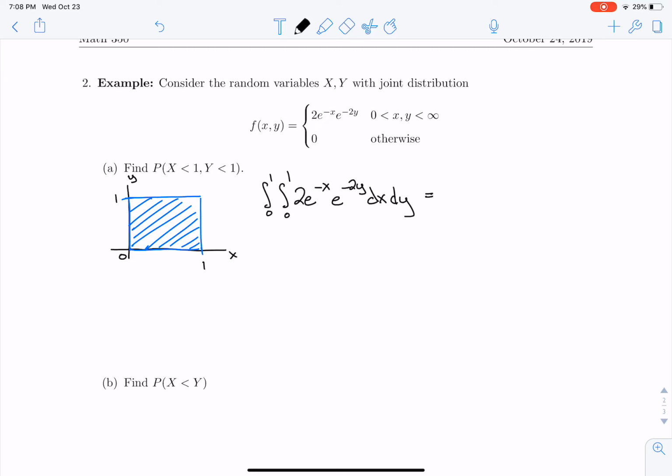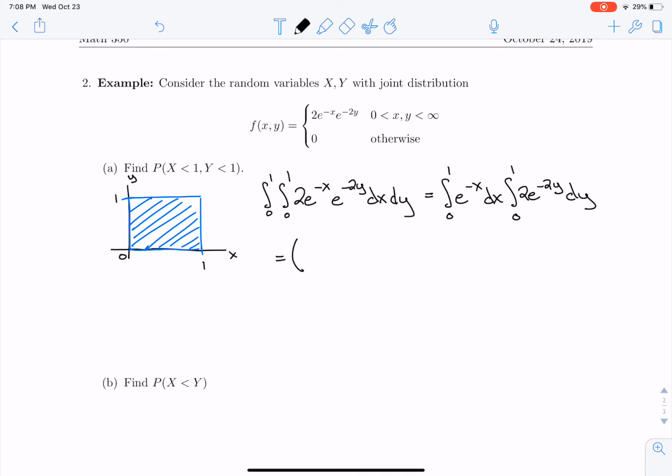Now, we can split this integral into two pieces. The integral from 0 to 1 of e to the minus x dx, since that part has nothing to do with y, and then the integral from 0 to 1 of 2e to the minus 2y dy, since that part of the function has nothing to do with x.